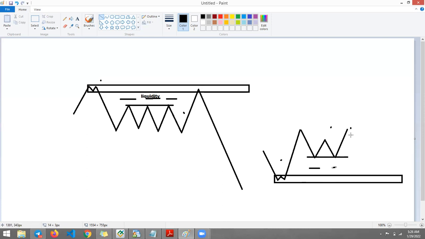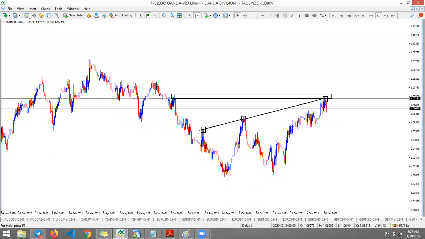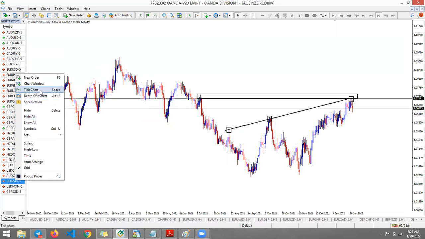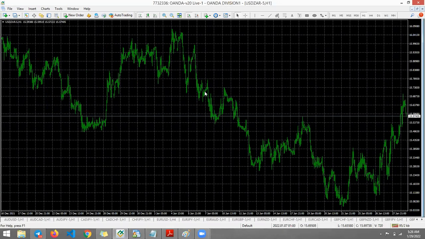Price will basically take out that liquidity and then continue in its initial direction, the direction of the trend. So that is it regarding liquidity. Very powerful concept.